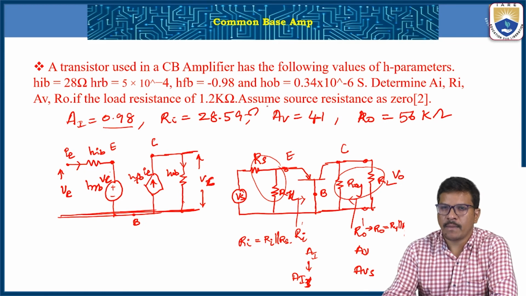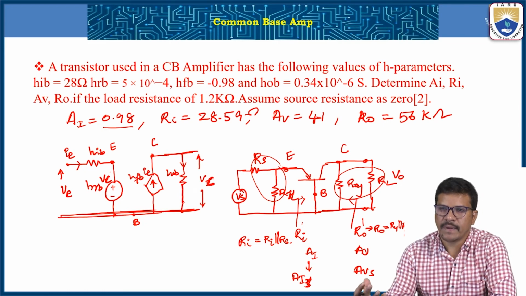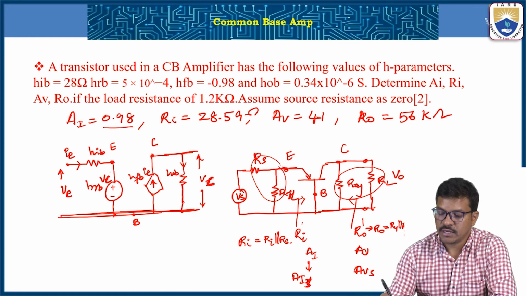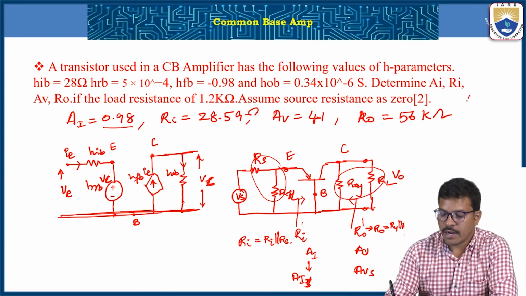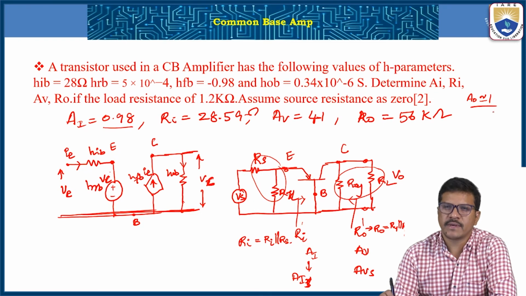When compared with the voltage gain and compare with the resistances, current gain is approximately equal to 1. For common base configuration, the current gain is unity, approximately equal to 1. So in the common base, the collector current is approximately equal to emitter current.